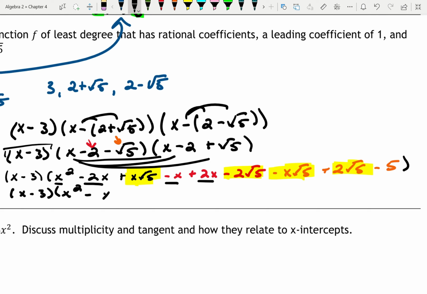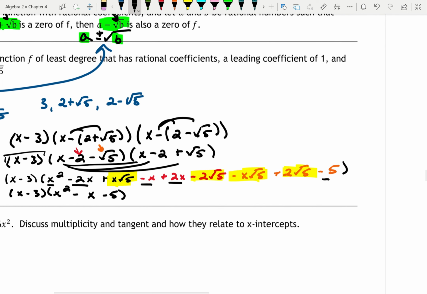So negative x, and then on the end, I have a negative 5. We're almost done. I'm going to bring it over here, and I'll have x minus 3, x squared minus x minus 5.